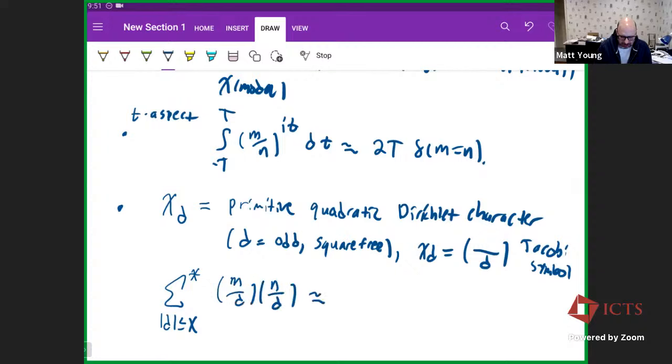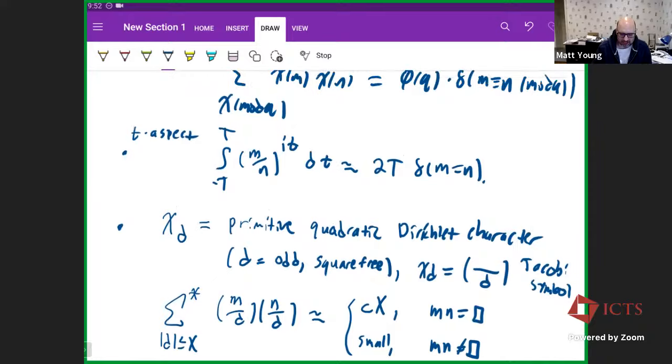And so this should be approximately the number of such integers, so some constant times x, if m times n is equal to a square, and small if m times n is not equal to a square. So if m equals n, then certainly the product is a square, but more generally they don't have to be equal. m could be a square and n could be 1, and then you get a main term here.